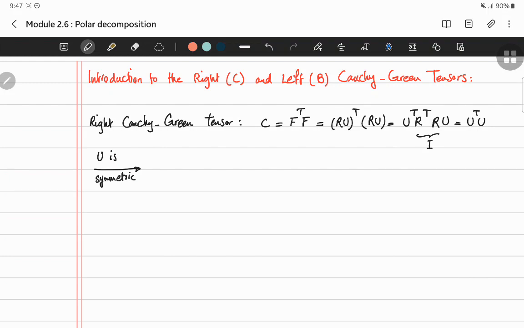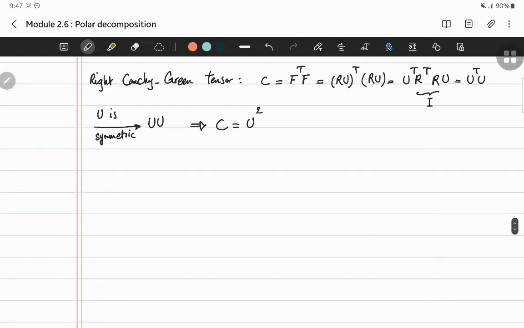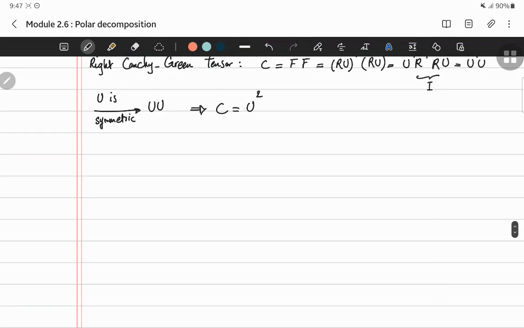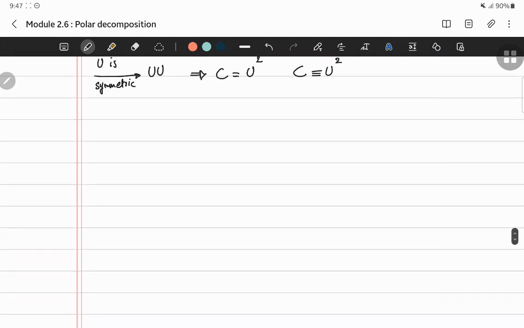So therefore U transpose is equal to U. You have U, and we establish here that C is equal to U squared. And remember, the book actually used C is equivalent to this U squared because we have two tensors multiplied to each other.